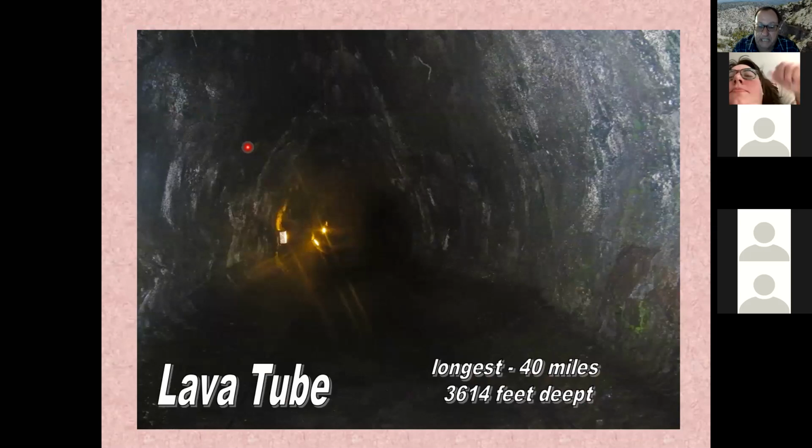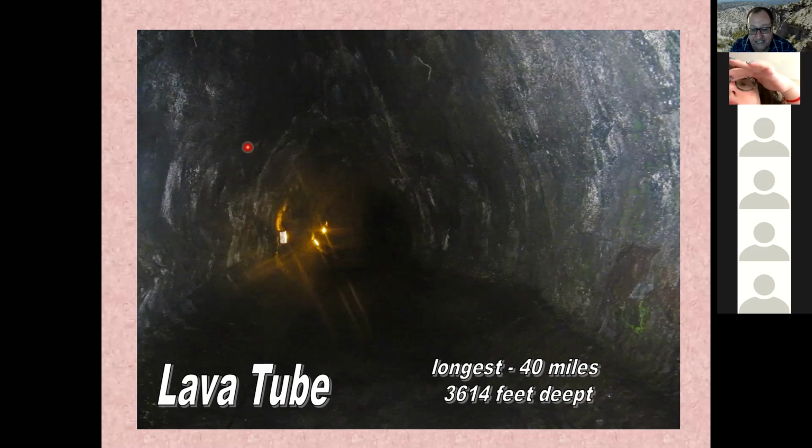Lava tubes are really neat things. If you've never visited a lava tube, they're all over the western part of the United States, and of course in Hawaii, where you had volcanic activity. This is where lava was flowing, and the outside of the lava body solidified, cooled first, and the middle part kept flowing. And of course, it ran out of its supply of lava, and it formed a hollow tube, very similar to a straw.